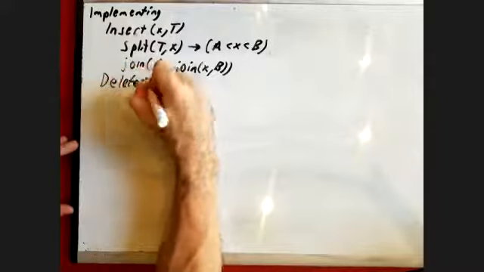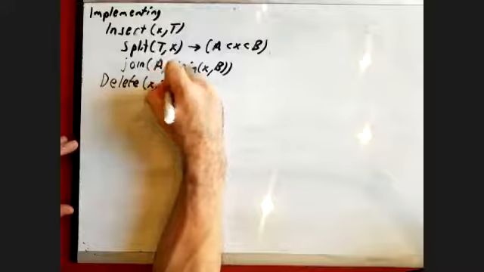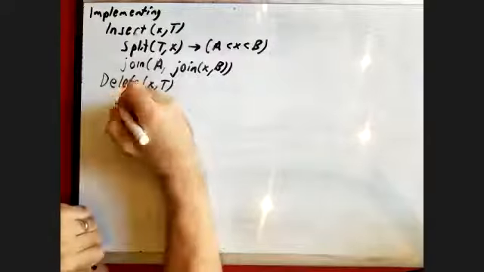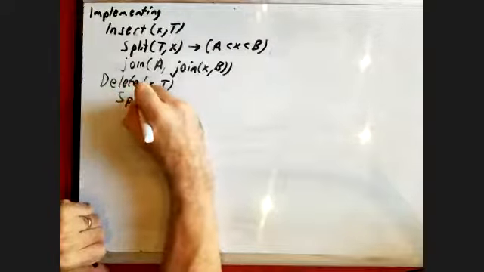What about delete X from T? Would you just split X and T and then join the remaining subtrees that are resulting?